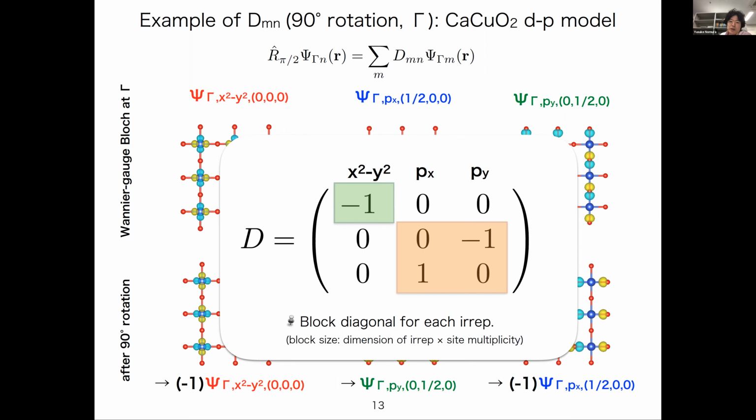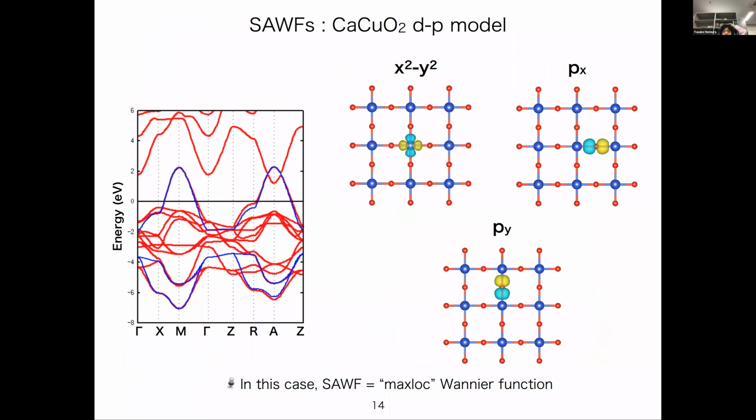Yeah, so I had a question. So this D matrix depends on the initial guess. Of course, it depends on the initial guess. Then they obtain the symmetry-adapted Wannier function that looks like this.